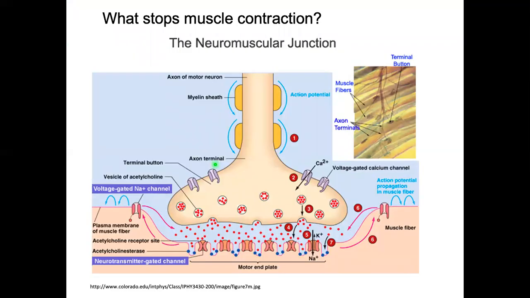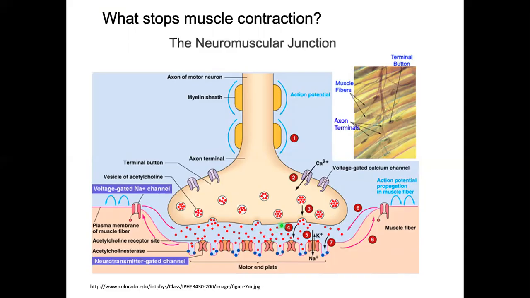And here's another picture. What stops muscle contraction? First, you have to have the nerve shut off. The brain has to tell the nerve, okay, we're done, and then it stops getting excited. Number 2, because it stops getting excited, the calcium voltage gated channels close. Number 3, the vesicles containing acetylcholine stop dumping acetylcholine in the synapse.